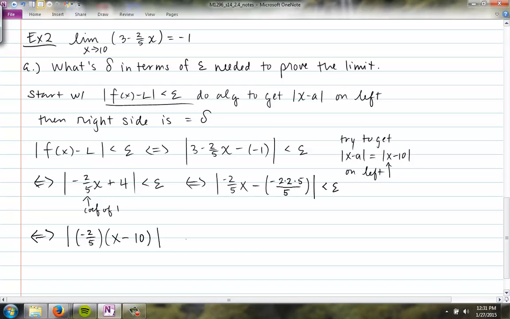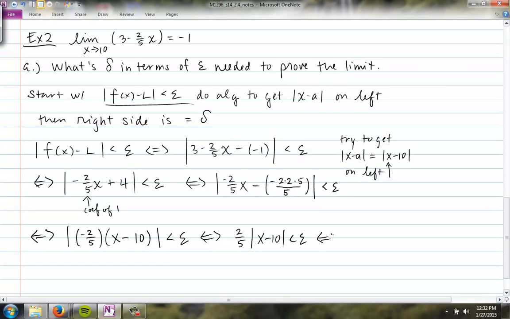Now you'll start to notice that's a good thing, because now you can see that x minus 10 in the absolute value is definitely something that should happen. And if you're doing this right, this will work out naturally. Now next, because you have that absolute value there, when you factor something out, you need to take the absolute value of it.